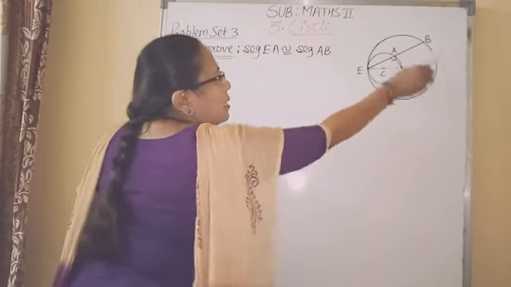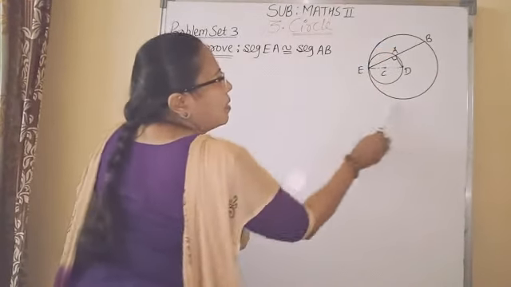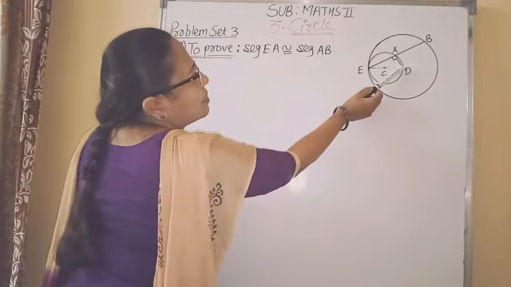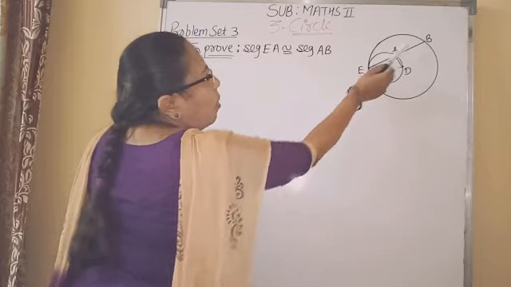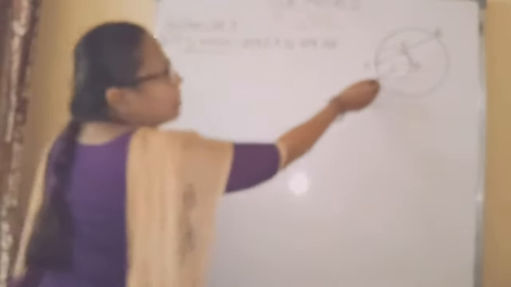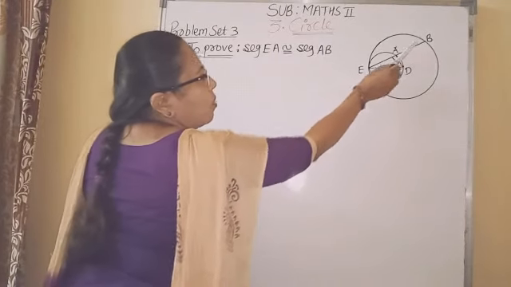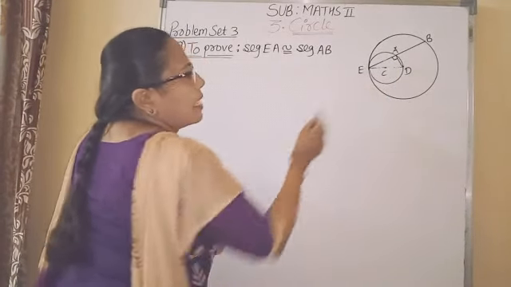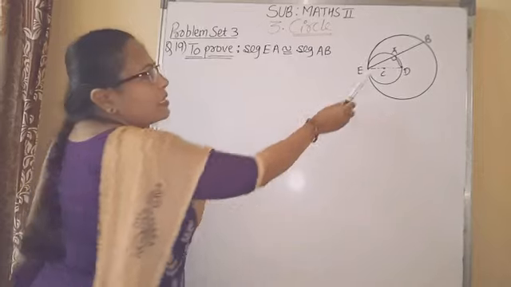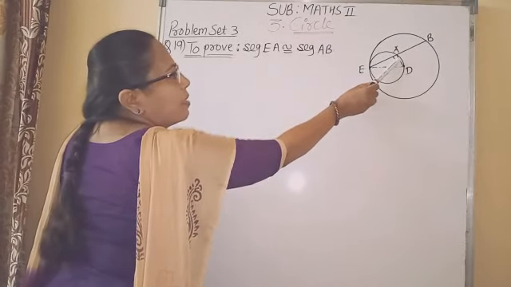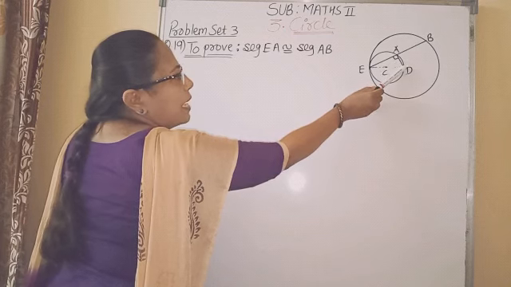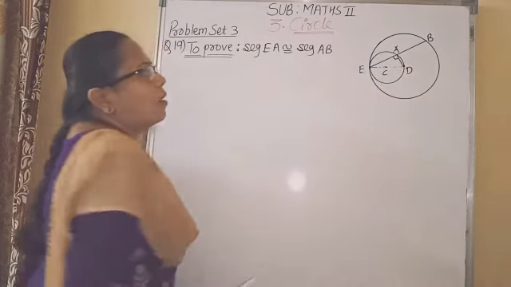So for this bigger circle, we can say that segment DA is perpendicular to chord EB. D is the center of the circle. That means here we have a perpendicular segment drawn from the center to the chord.